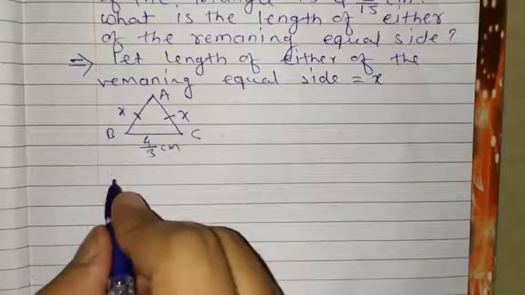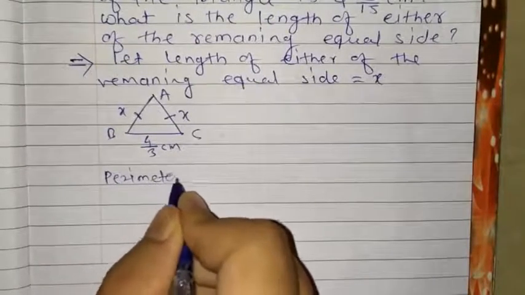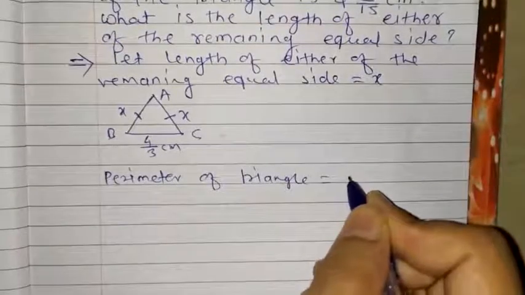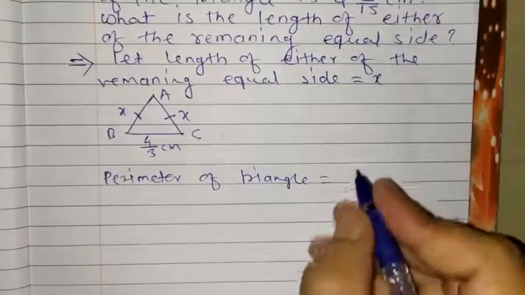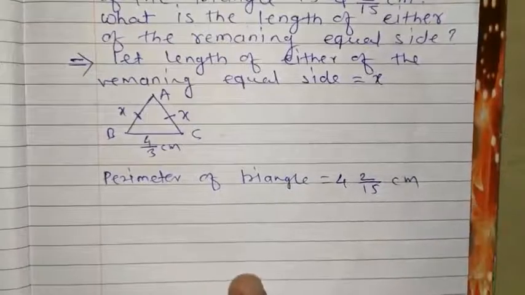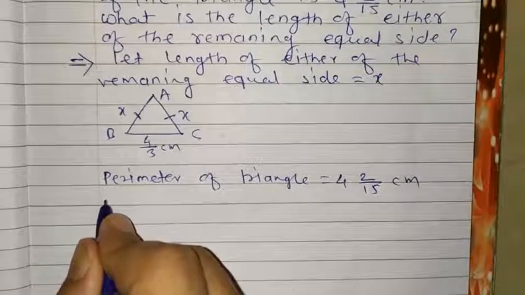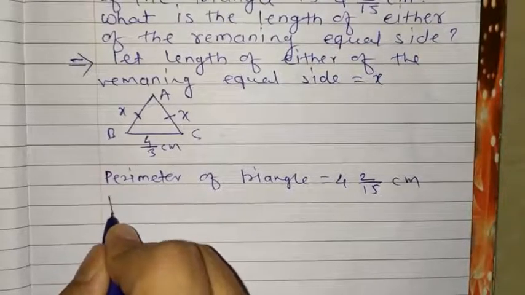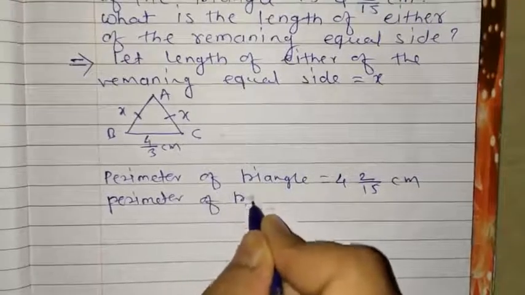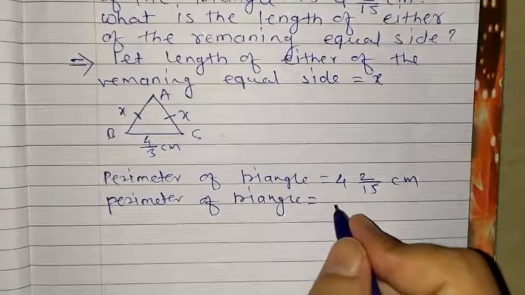So here the perimeter is given. So perimeter of the triangle equals what? What is the perimeter? 4/2/15 centimeter. So perimeter is already given, and here the perimeter formula is, perimeter of triangle equals the addition of all three sides.